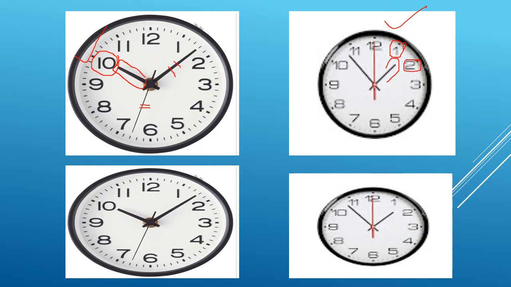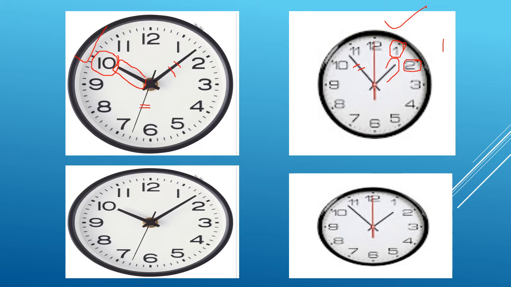Then what is the time now? If we ignore the minute hands only for now, then what should we say? It is 1 o'clock or 2 o'clock? Certainly we will say 1 o'clock. Why?